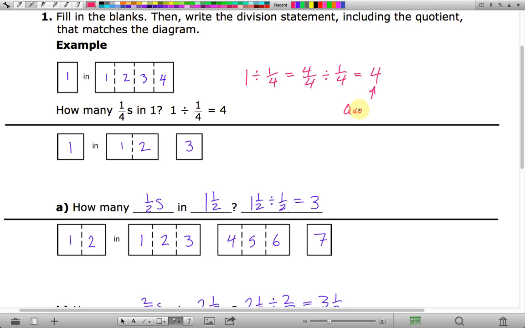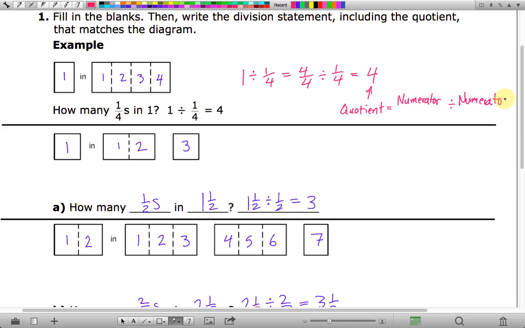So to get your quotient, or your answer to the division question, here's what you can do. You can divide the numerator by the other numerator. And I guess we should specify which one is which. So I'll do that right now.